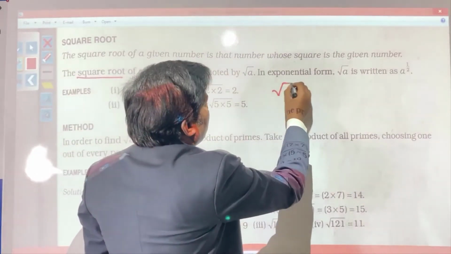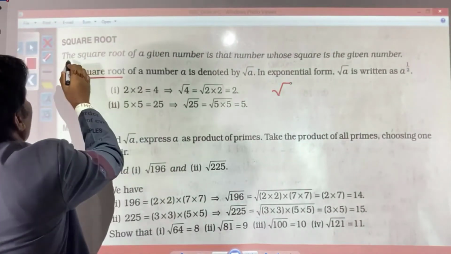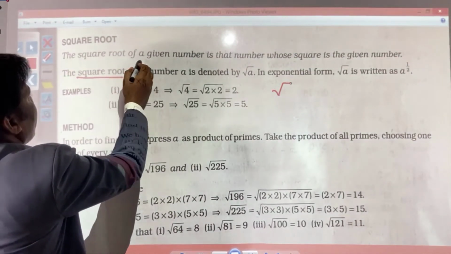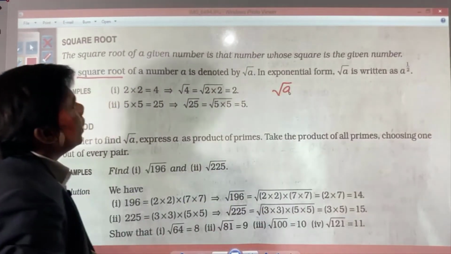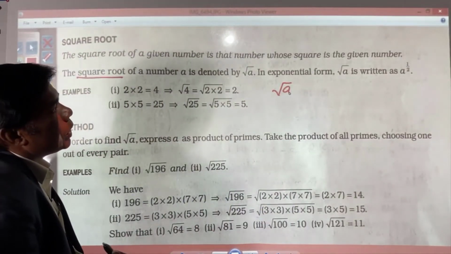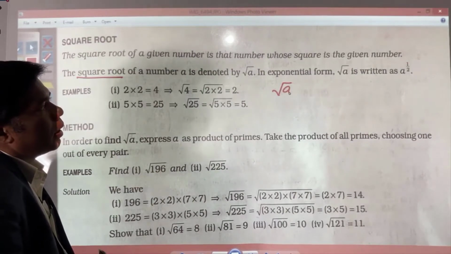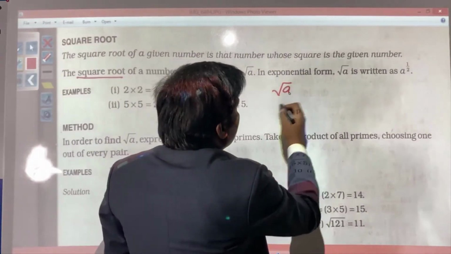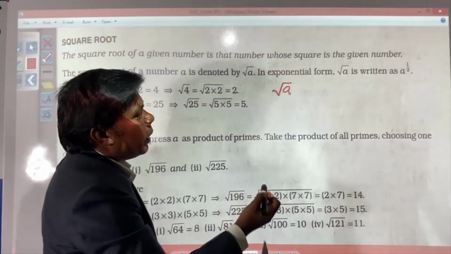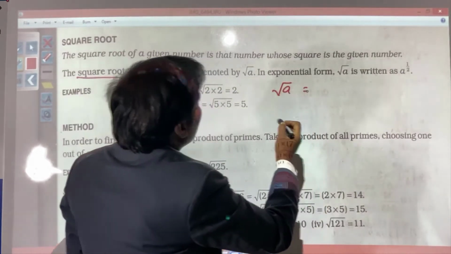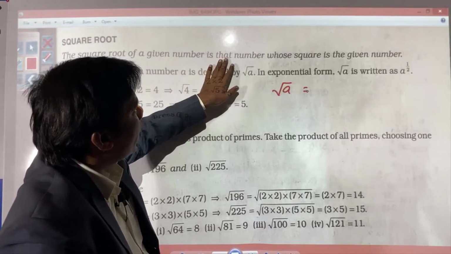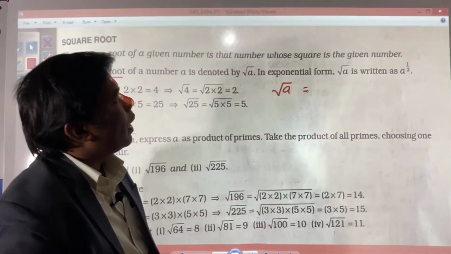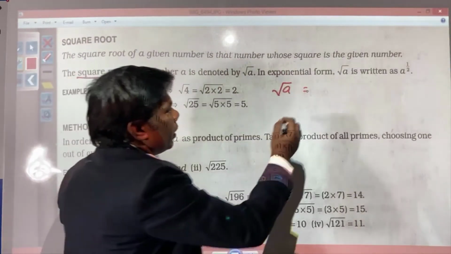So suppose here what has been written, you try to understand. The square root of a given number is that number whose square is the given number. It means suppose square root of a is the square root of a given number, that number whose square is the given number.